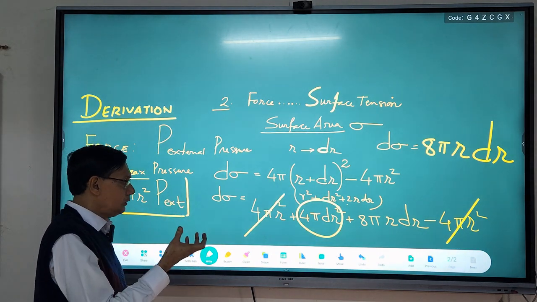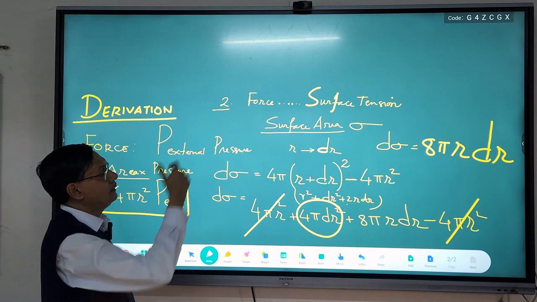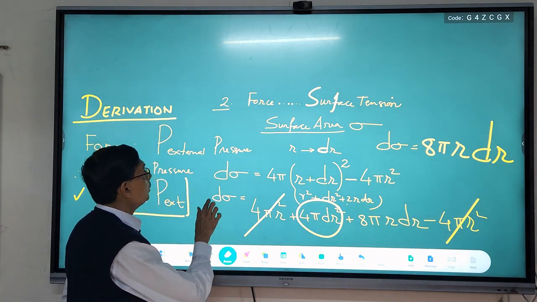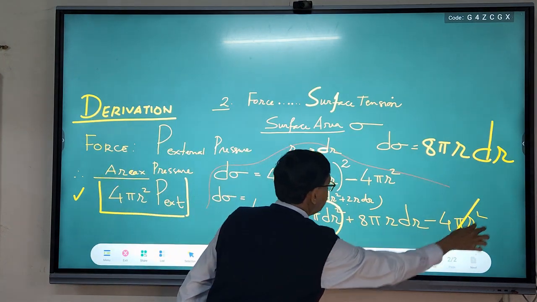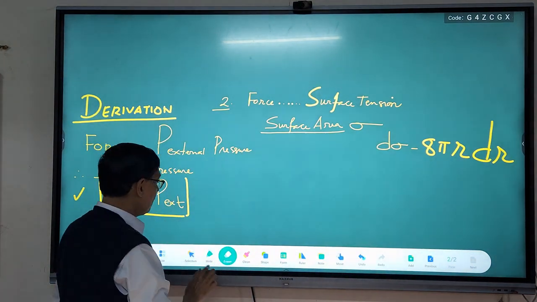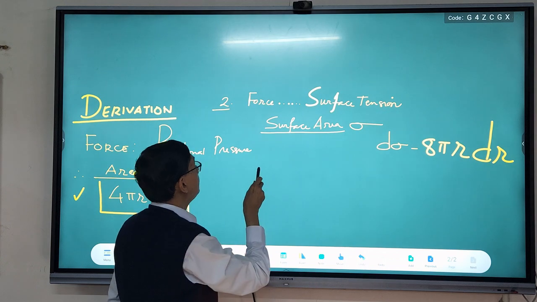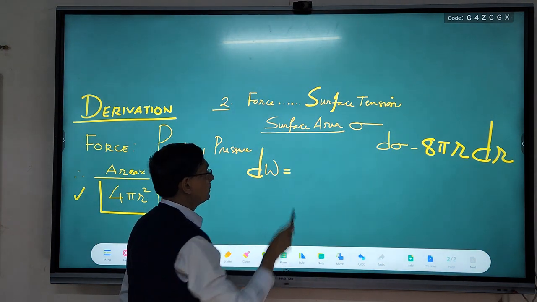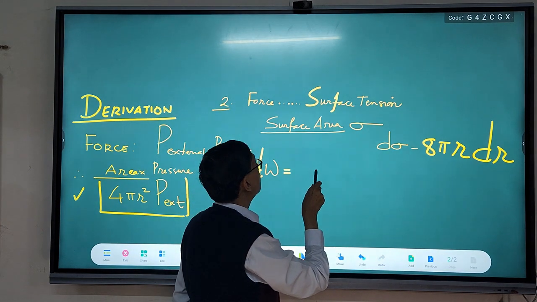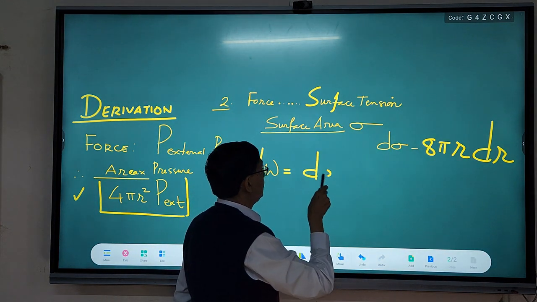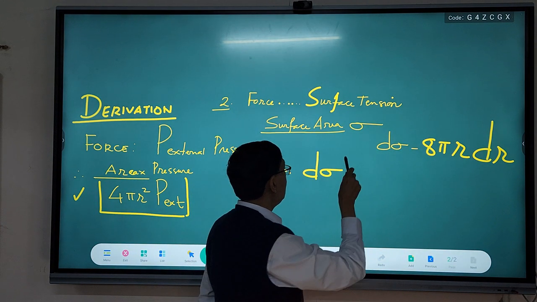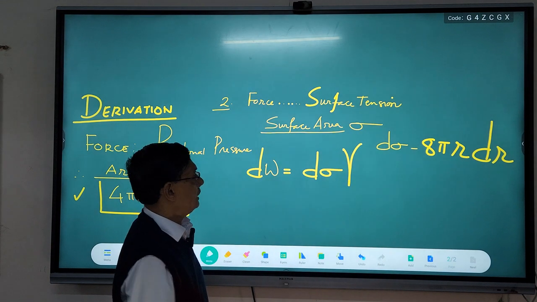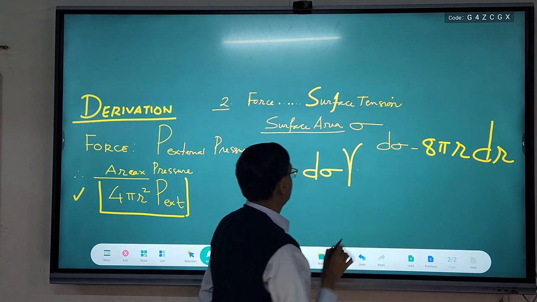Determination of the force, or the evaluation of force due to change in surface tension. We all know the very common formula that the work is the change in surface area times the surface tension gamma.